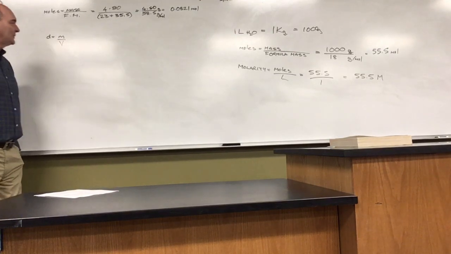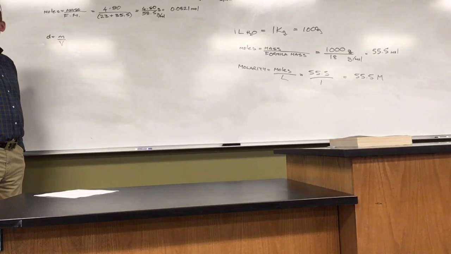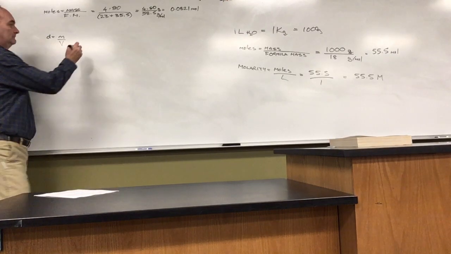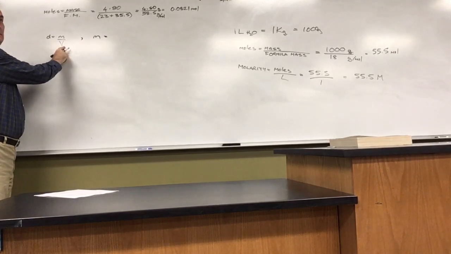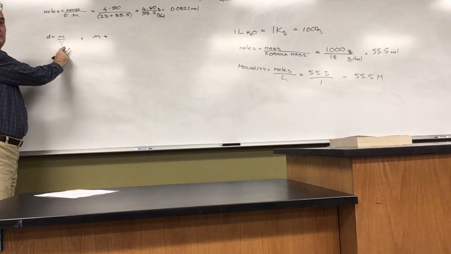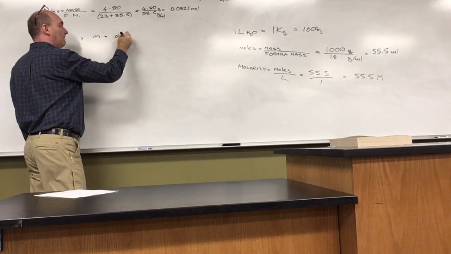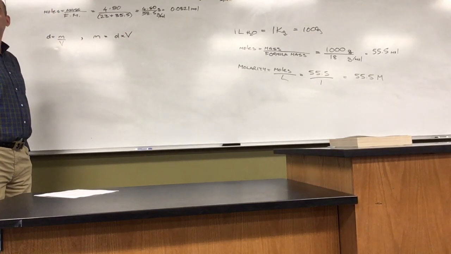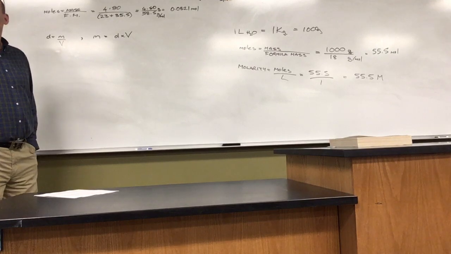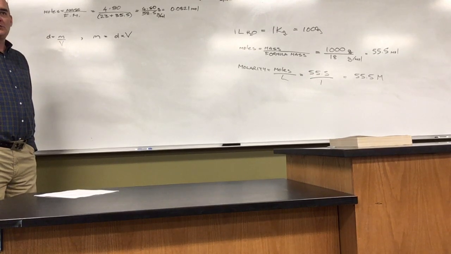If D equals M over V, what is M? V has to cross the equal sign. Goes this way. If you write your units in, then the units will, if they cancel out correctly, lead you to the correct answer.